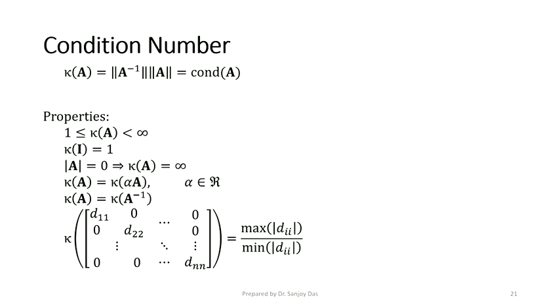What's the inverse of a diagonal matrix? All I have to do is do 1 over D11, 1 over D22, 1 over Dnn, and that will actually be its inverse. And that's why you can reason why we get this ratio here.